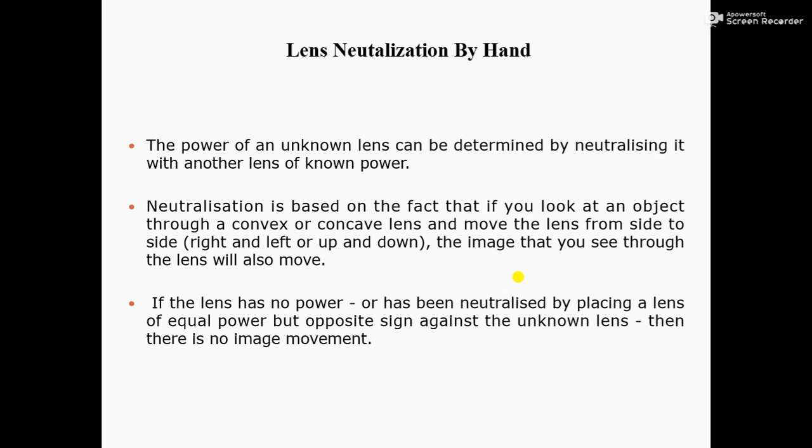We will move the lens up, down, right and left, and at the same time we notice whether the image moves or not. If the spectacle lens has zero power or is neutralized by some other equal power, then there is no image movement.